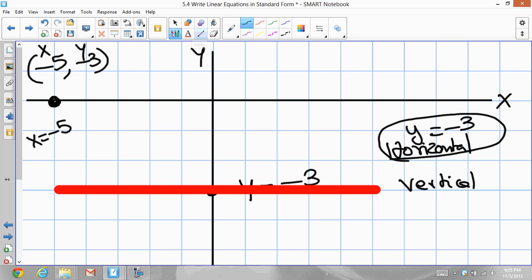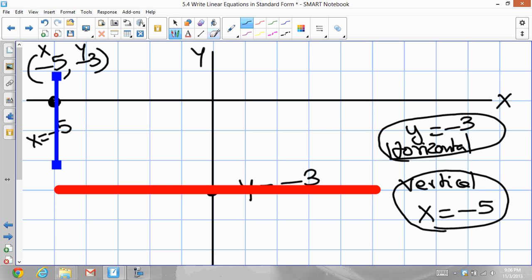Now let's focus on the vertical line. My vertical line is going to go through my x value. So my vertical line equation is going to be x is equal to negative 5. And if I highlight and show you, this will be my horizontal line and this will be my vertical line.